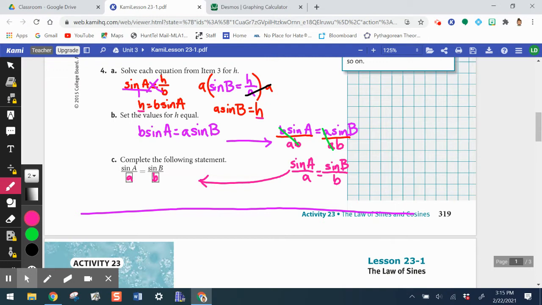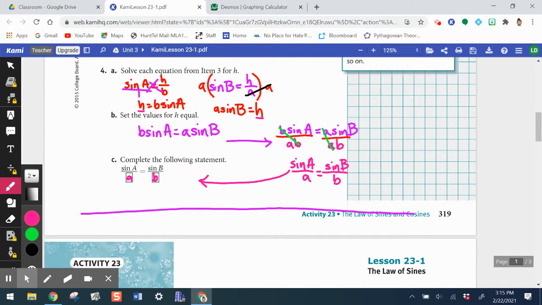So what I did on this left side was divide by b, and of course I have to do it to both sides. And then on this right side, I decided I'd divide by a, so that the a's would cancel out. So on this left side, the b's canceled out, and of course there would be a remaining in the denominator. And on the right side, the a's canceled out, leaving b in the denominator.